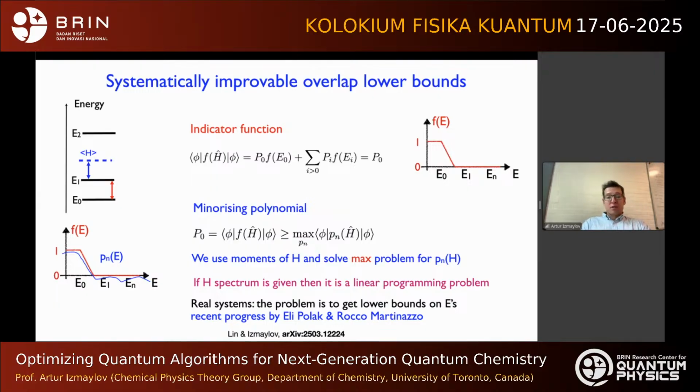The upper bounds are naturally coming from variational principles, so one can use classical variational approaches to get some idea where your energies are, and then use our technique to estimate, for a particular approximate state, what the lower bound for the overlap is.